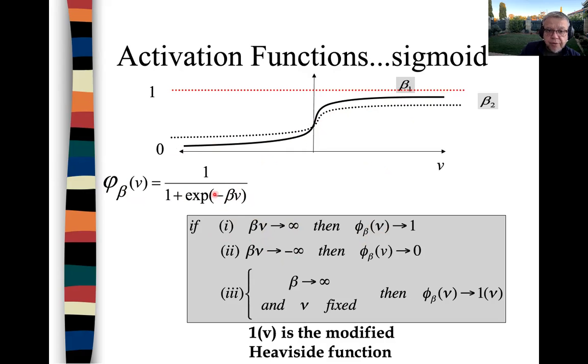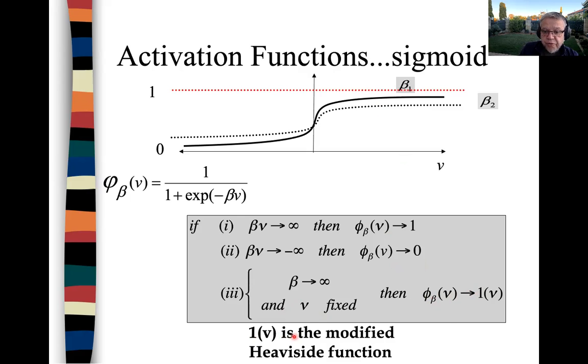You can see that when beta V goes to minus infinity, this function goes to 0. And if beta is large and V is fixed, then phi of beta V goes to 1.